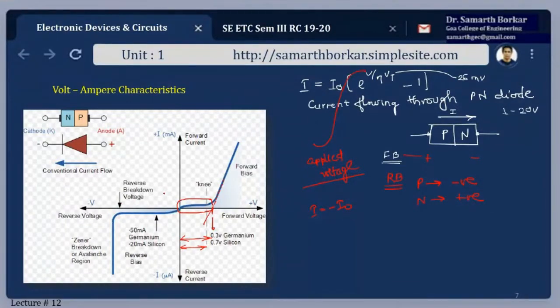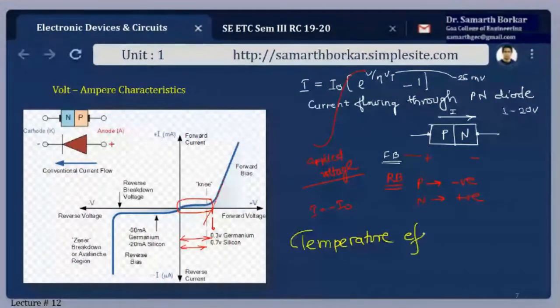Now, why are we studying this? Because now we need to understand what will be the effect of temperature. This is a prerequisite which you have already studied. Now, why are we revising this? The point is, what is the temperature effect on this plot? Fine.